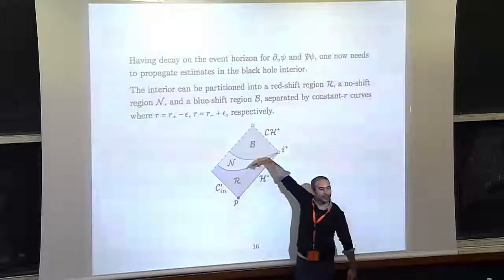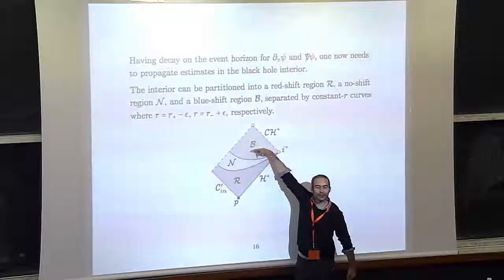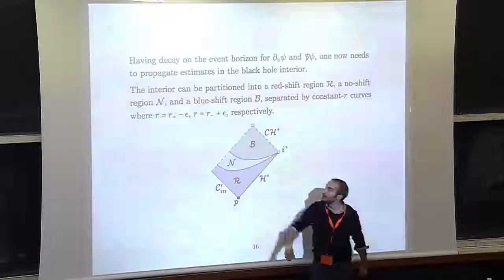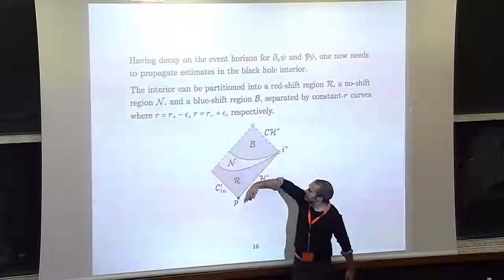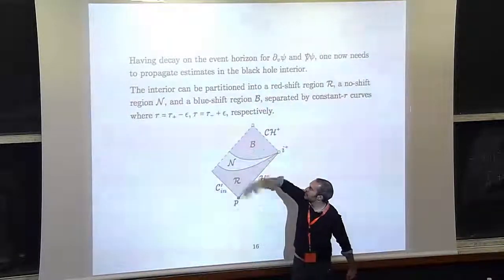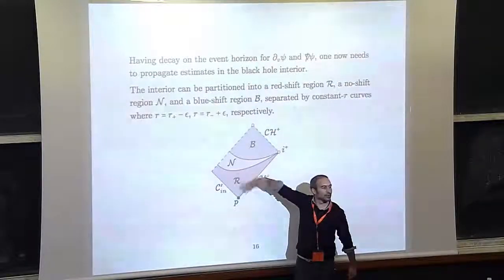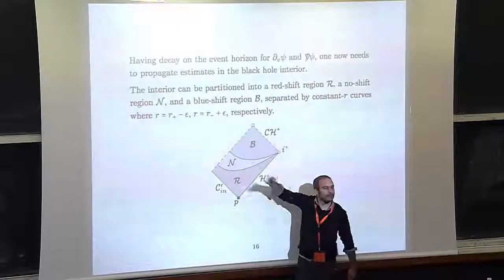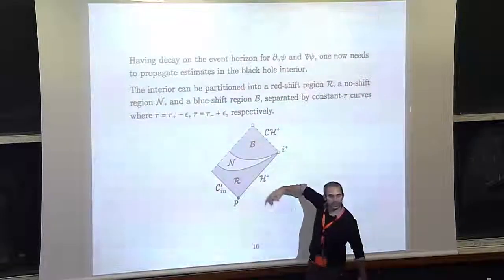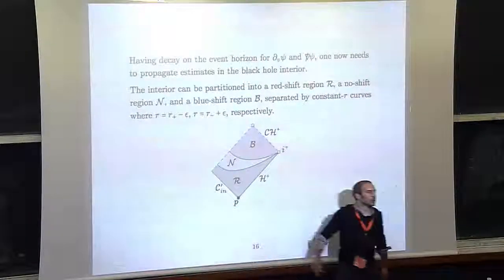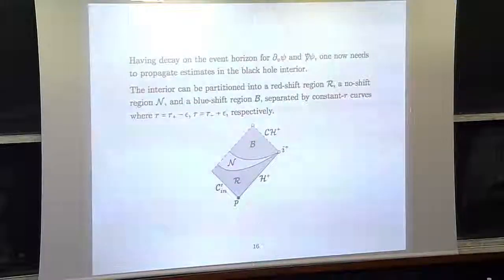And then what I'll call a blueshift region. This is really where the blueshift effect takes place, near the Cauchy horizon. In any case, going from the event horizon to the beginning of the blueshift region is not so difficult on the basis of techniques that have already been developed in the context of the exterior problem, in particular multipliers which capture the redshift effect.